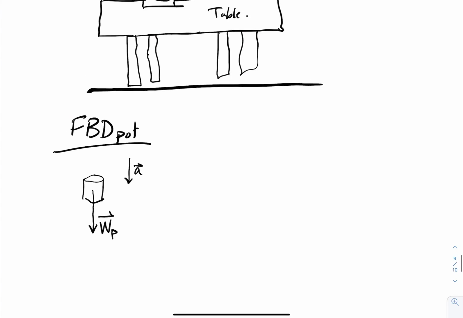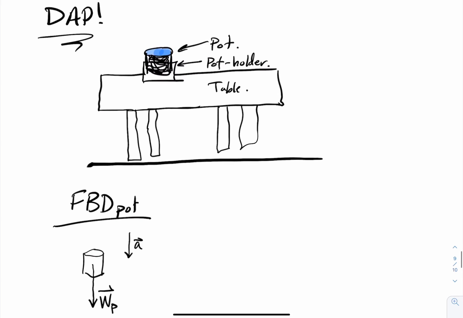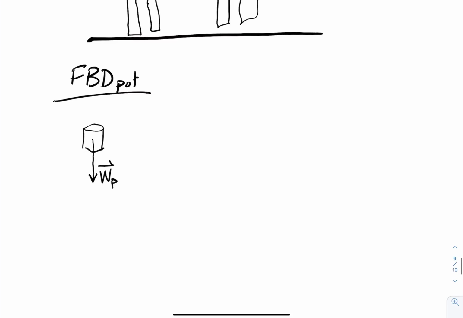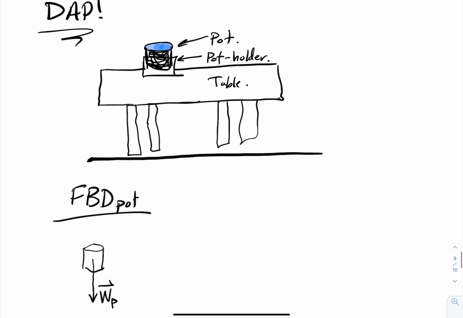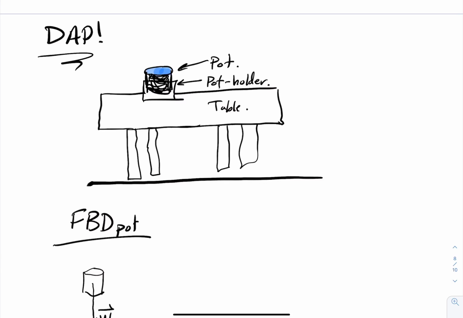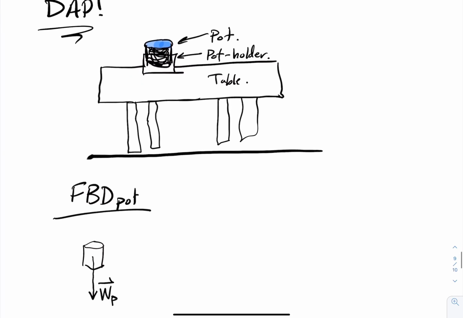Well, we know from our picture here that the pot is not accelerating toward the ground, so there must be some other external force acting on it, opposing that weight force that's trying to pull it toward the center of the Earth. Well, of course there is. It's sitting on the pot holder. Anytime we have two surfaces interacting like this, they would create a normal force on each other, just like your hand on the desk.